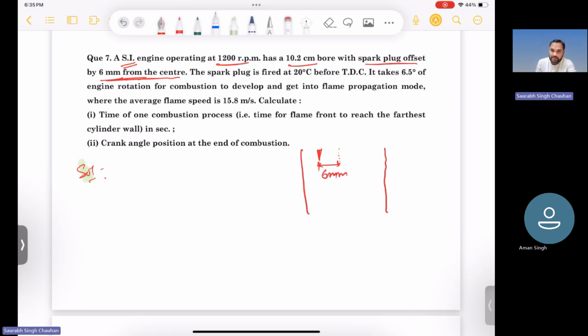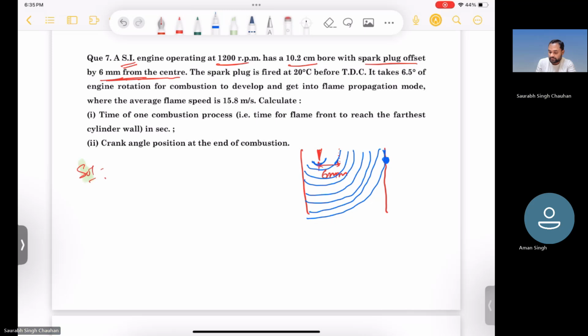Now when this will ignite and the flame will be developed, it will propagate, and the furthest point is on the other side of the cylinder, right? So this is the furthest point.